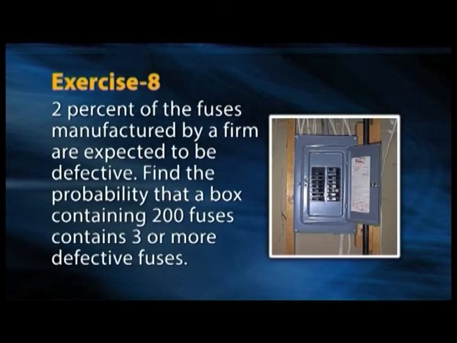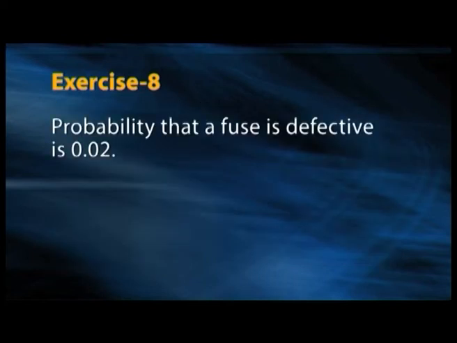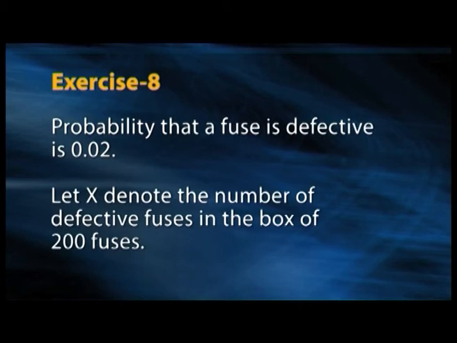2% of the fuses manufactured by a firm are expected to be defective. Find the probability that a box containing 200 fuses contains 3 or more defective fuses. 2% of the fuses are defective. Therefore, probability that a fuse is defective is 0.02. Let x denote the number of defective fuses in the box of 200 fuses.